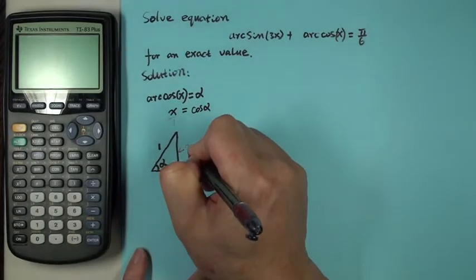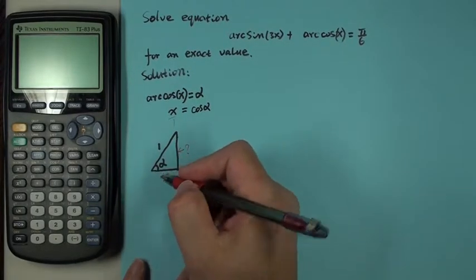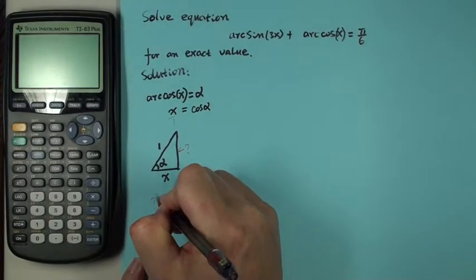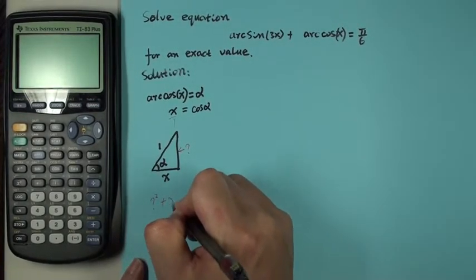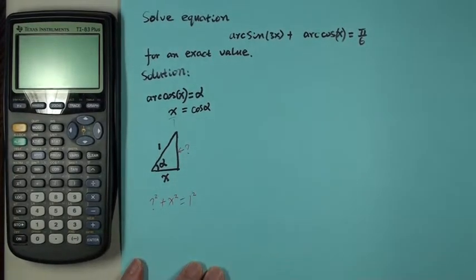This side. How long? Then we have a question mark squared plus x squared is 1 squared. That's the Pythagorean theorem.